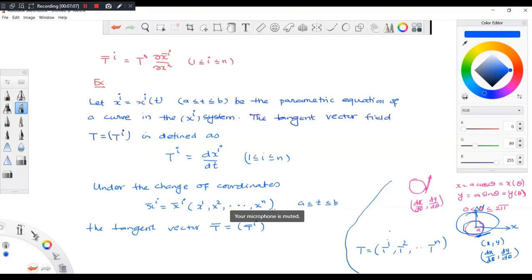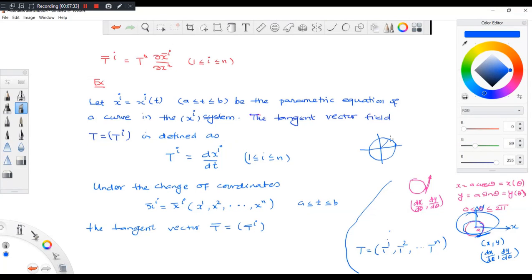A and B are, I told you, suppose you take a circle. Suppose I want to represent a circle. Suppose I have the coordinate system here. Circle means you take this point, and coming to this point, and coming to this point.